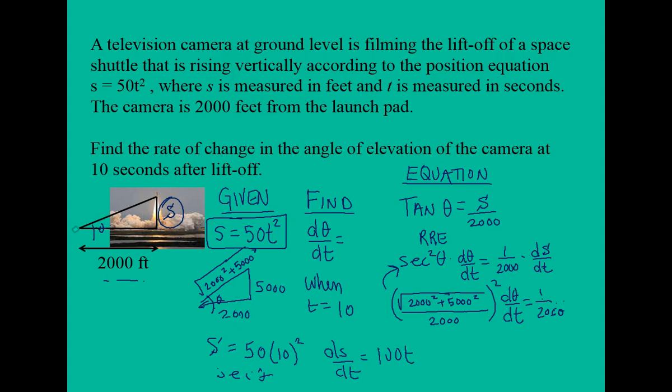Well, we want to know the instant the angle is changing at 10 seconds. So we would plug in 10 for t in our ds dt to get 1,000. So we'd have times 1,000.